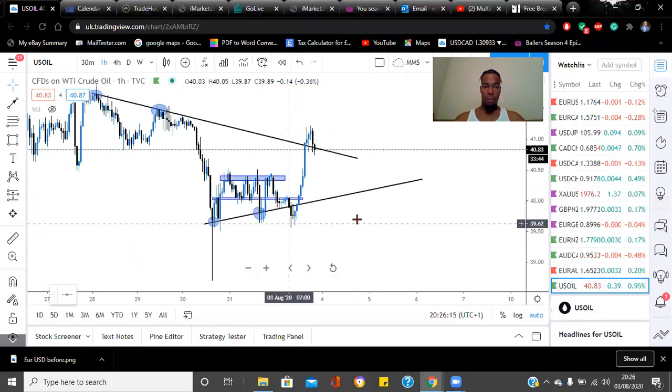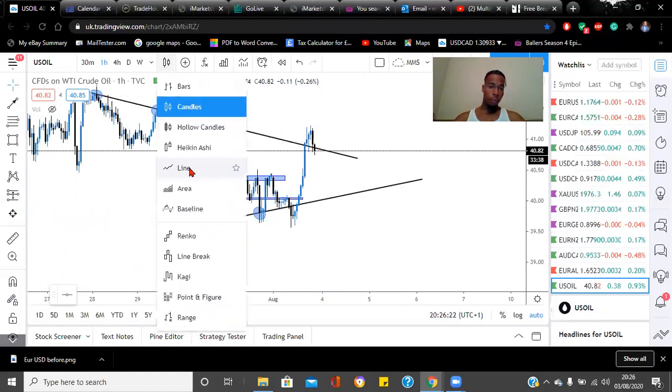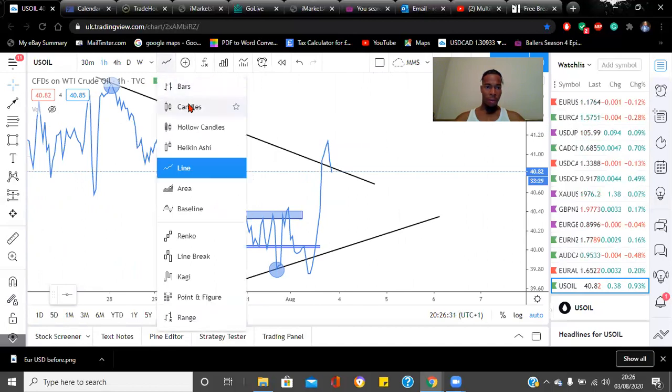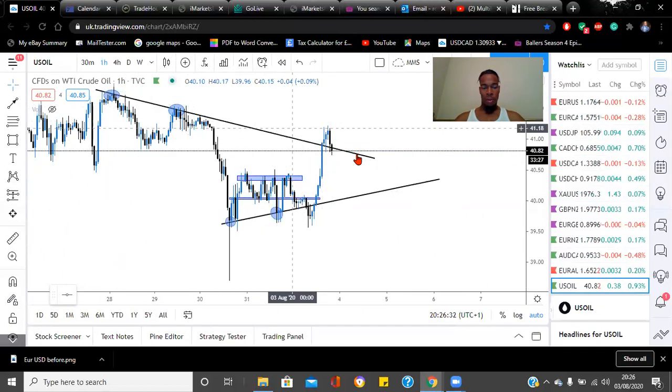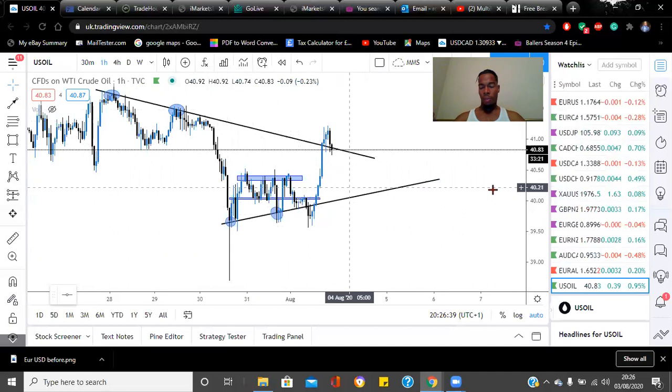US oil, yeah. Maybe what it could be doing, going to line. Nah, stay away from that. And that is very volatile as well. I was going to say it's broken the downtrend, look for a buy, but I don't know what was going on here. So yeah, just stay away from that.